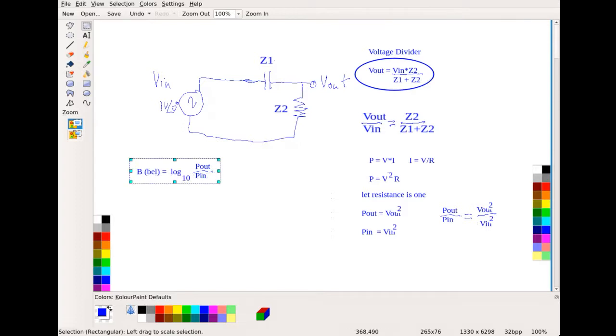And so what we're basically doing is looking at this power, seeing this ratio of the power.